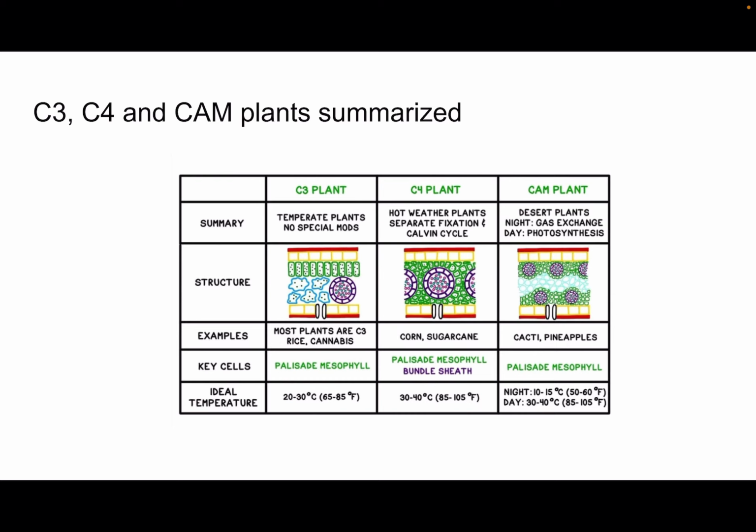C4 plants have evolved specialized leaf structures, Kranz anatomy, that create a high CO2 microenvironment, significantly reducing photorespiration. CAM plants manage their gas exchange by separating CO2 uptake and its utilization temporally, which conserves water and maintains efficiency in harsh environments. This adaptation not only highlights the diversity of life but also offers insights into how plants might be optimized for future agricultural practices in a changing climate.